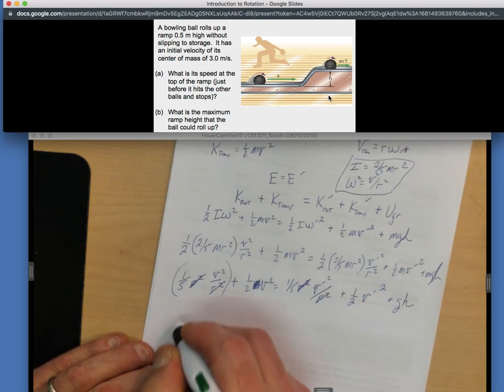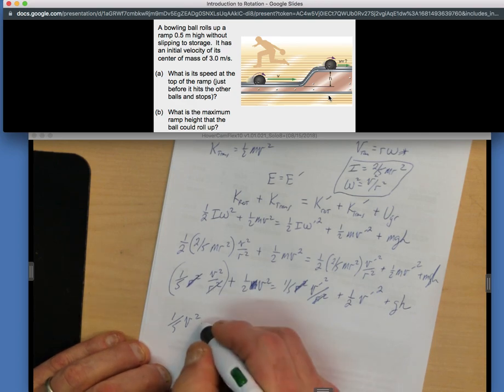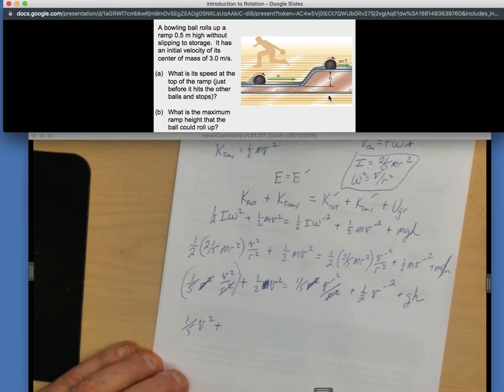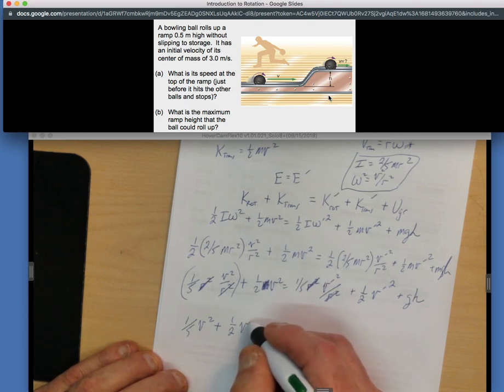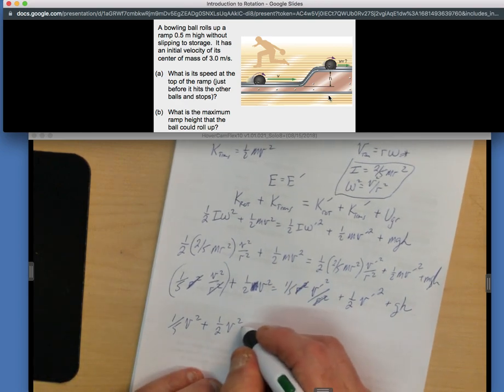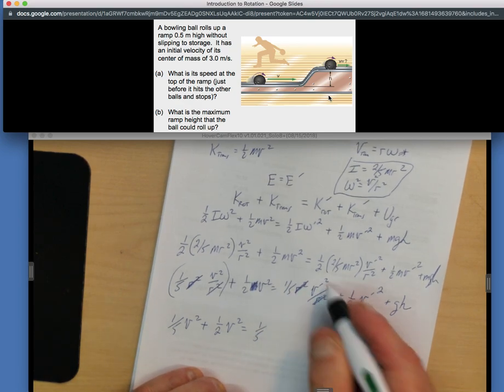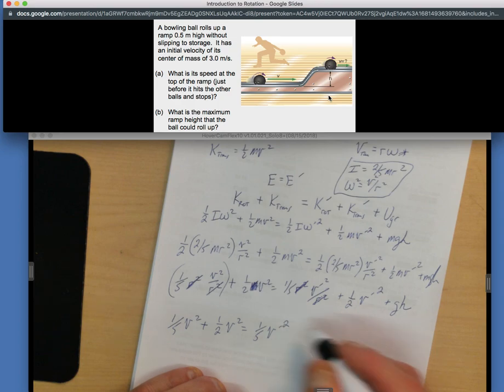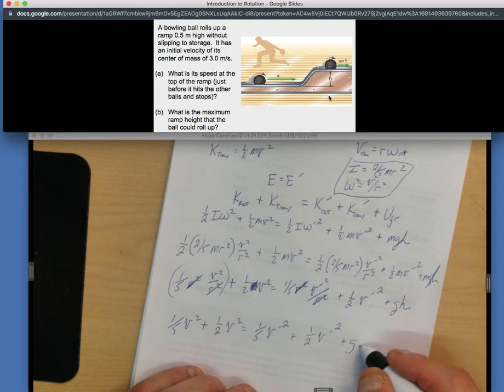So let's rewrite this again. 1/5 of v squared plus 1/2 of v squared equals 1/5 of v prime squared plus 1/2 of v prime squared plus g times h.